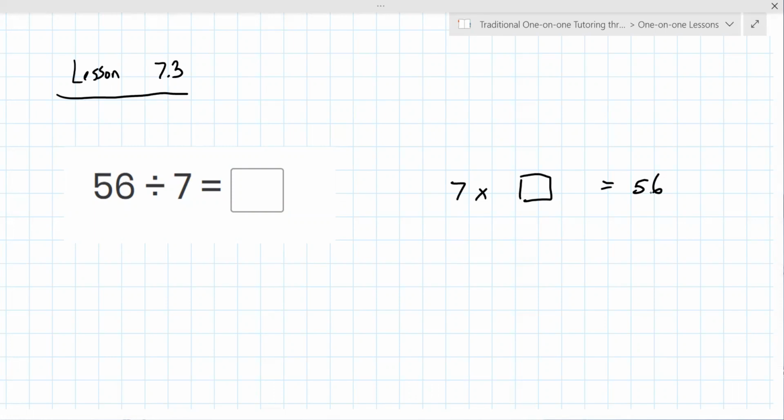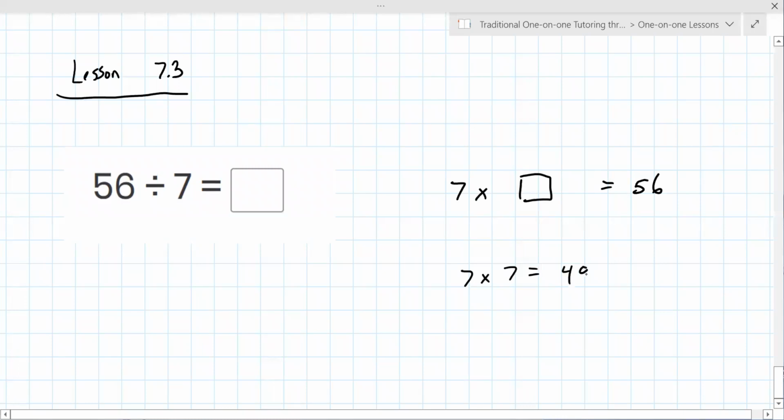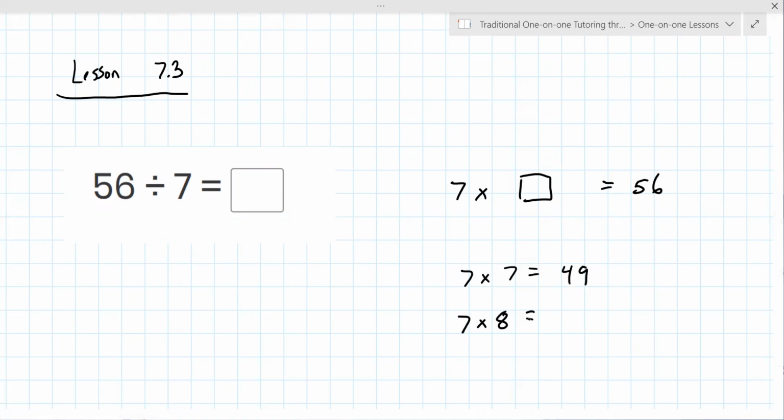Seven. 7. So 7 times 7 is 49. So what would one more 7 be? 7 times 8 equals 56. 56. Very good.